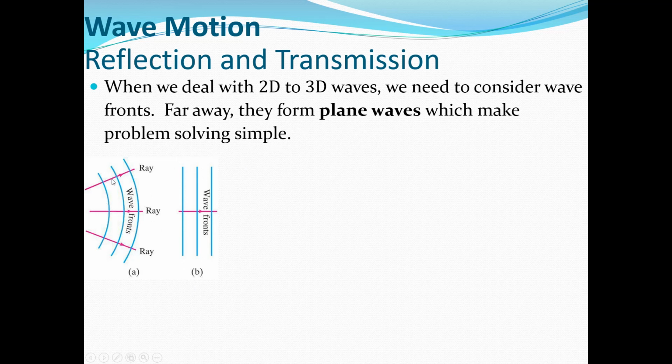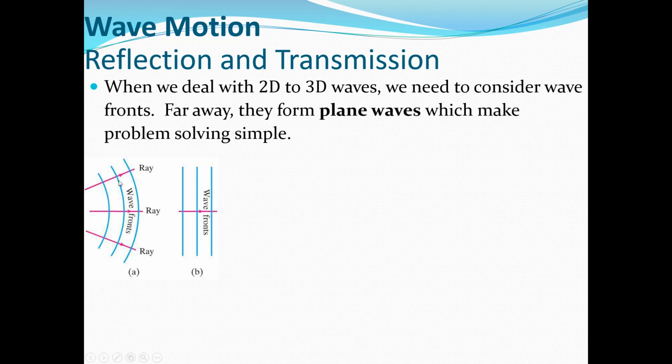It still works technically for the curves, but this makes life easy because now we can use straight lines to refer to the wave. These blue lines, I didn't mention it, are supposed to represent the crests of the waves, like you're looking down on the ripples in the water.